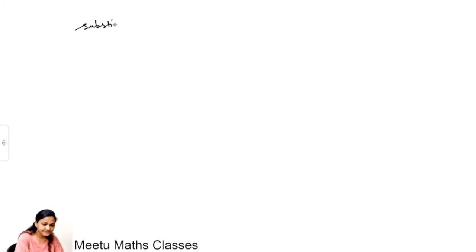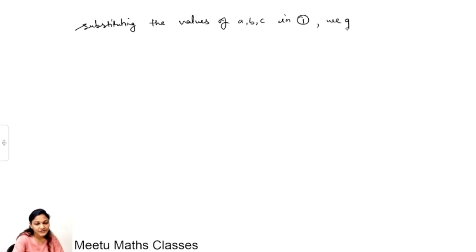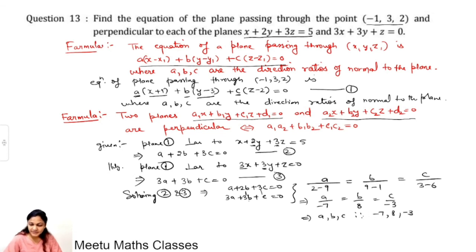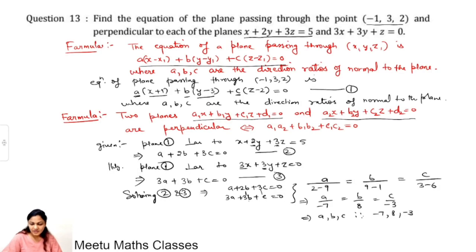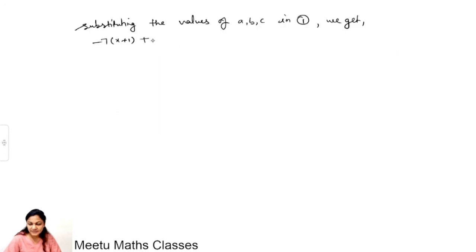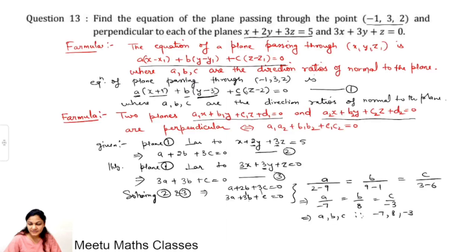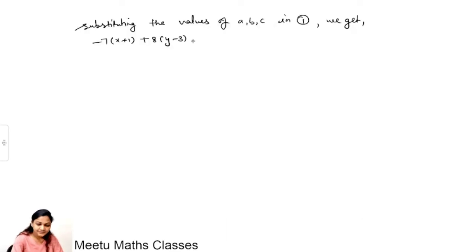Substituting the values of a, b, c in 1, we get minus 7 into x plus 1, 8 into y minus 3, minus 3 into z minus 2 is equal to 0.